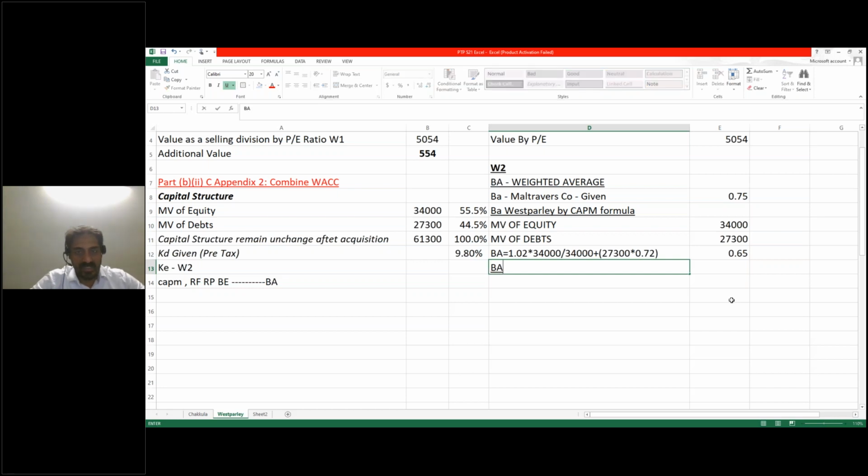Now it's time for the beta asset of the combined company. Weighted average by equity.